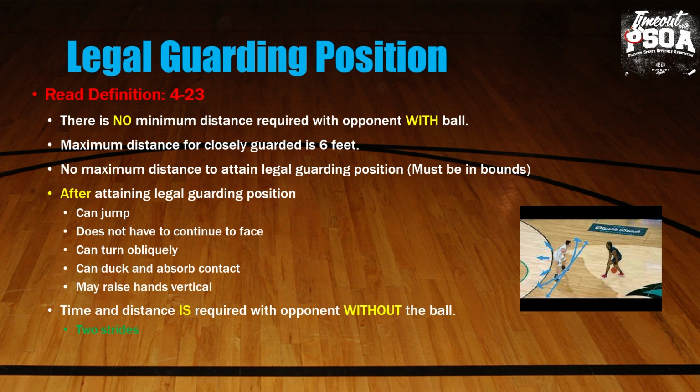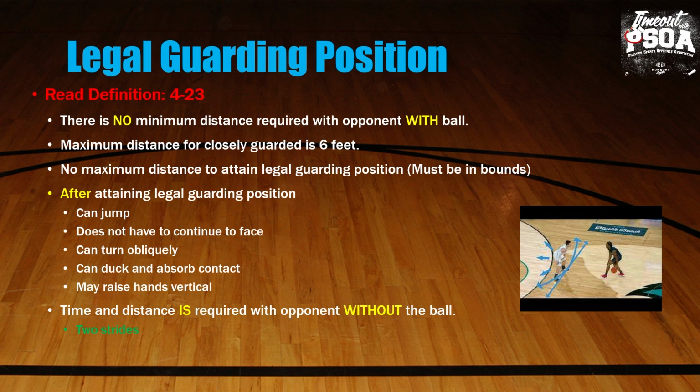Now, when a player does not have the ball, time and distance is required with the opponent without the ball. So this is the freedom of movement. So the offense is cutting through the lane. That defense has to allow the offense 2 strides to avoid that contact. They can't just get in there within 1 stride, boom, collision.